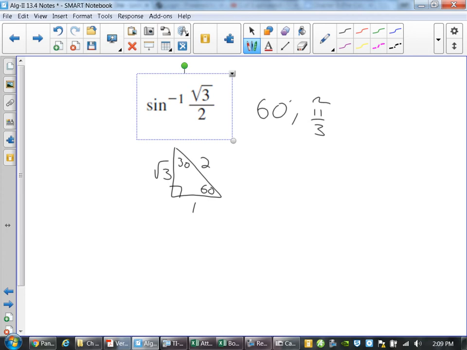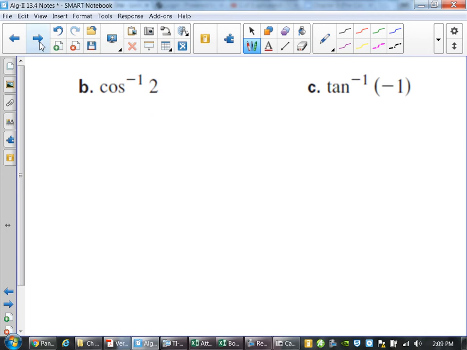So what if it was like sine of -1? Can you get that? It's so funny that you ask. What angle has a cosine of 2? 45? No, because it doesn't work. But think about 30, 60, 90.